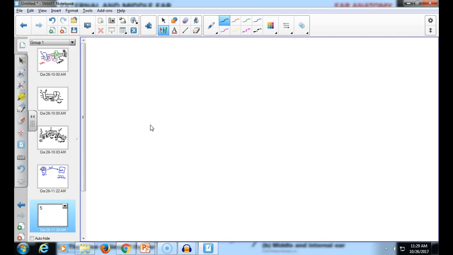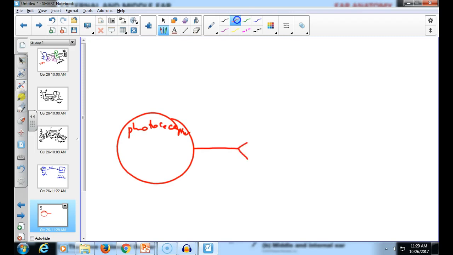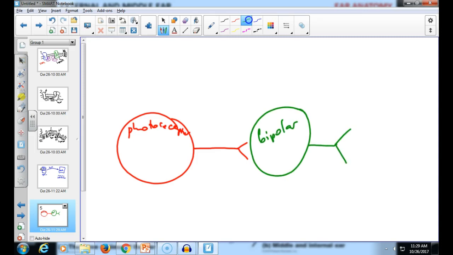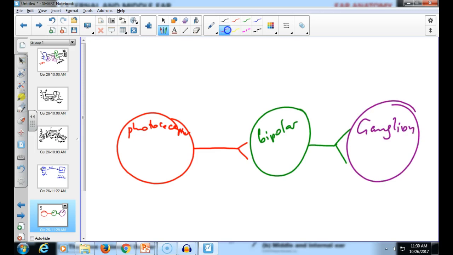Now, all that we just discussed, where did it happen? In which cells? Photoreceptor cells, which is connected to what cell? Which is connected to... Does that make sense so far?